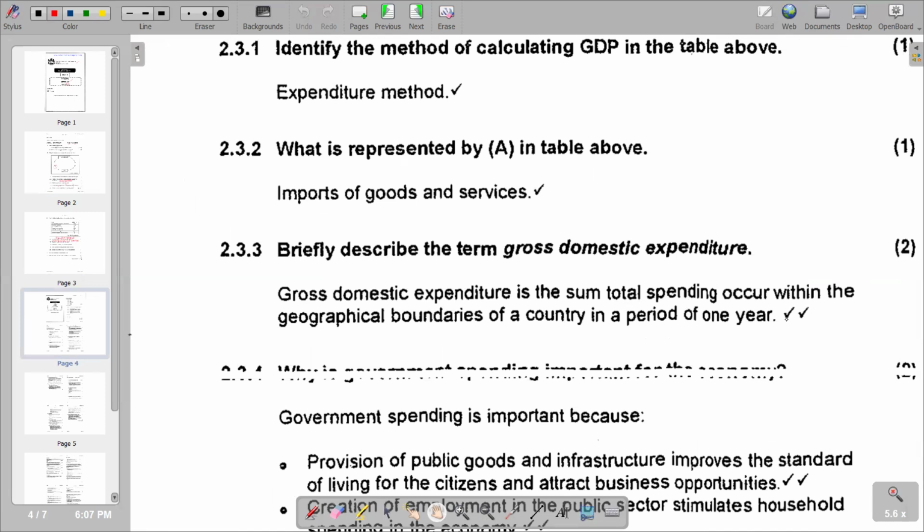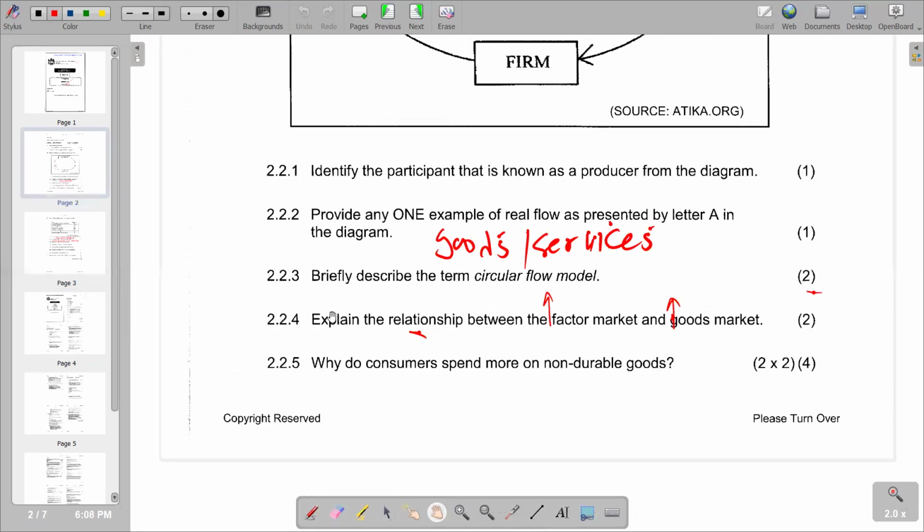So the period usually is annually, which is over a period of 1 year. So basically, that's our GDE, which is now the gross domestic expenditure. Remember, gross domestic product and gross domestic expenditure just mean the same thing. So we go to the next question that we have.